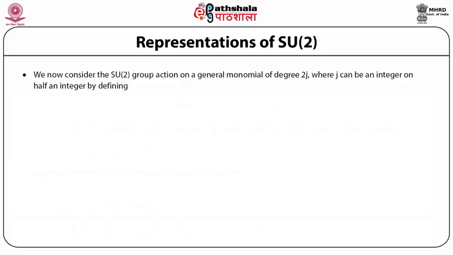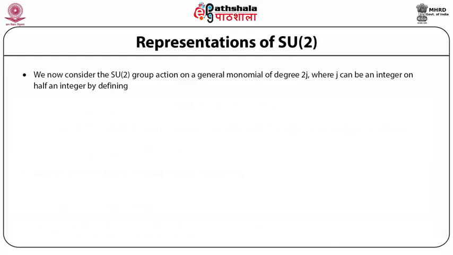So you can see that the degree of the monomial phi jm is equal to 2j, because u has the power j plus m, v has the power j minus m, so the total power is 2j. The factorials j plus m factorial and j minus m factorial in the denominator have been defined so that we get results which can be easily manipulated.